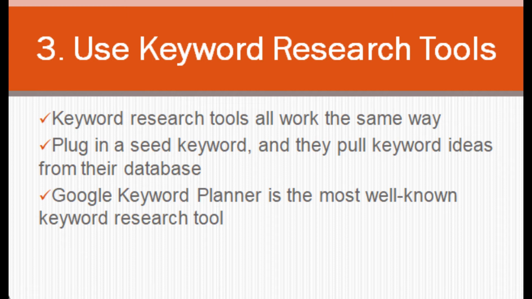Google Keyword Planner is perhaps the most well-known keyword research tool. It's free to use, and although it's mainly for advertisers, you can also use it to find keywords for SEO. Let's enter a few of our seed keywords and see what it kicks back.